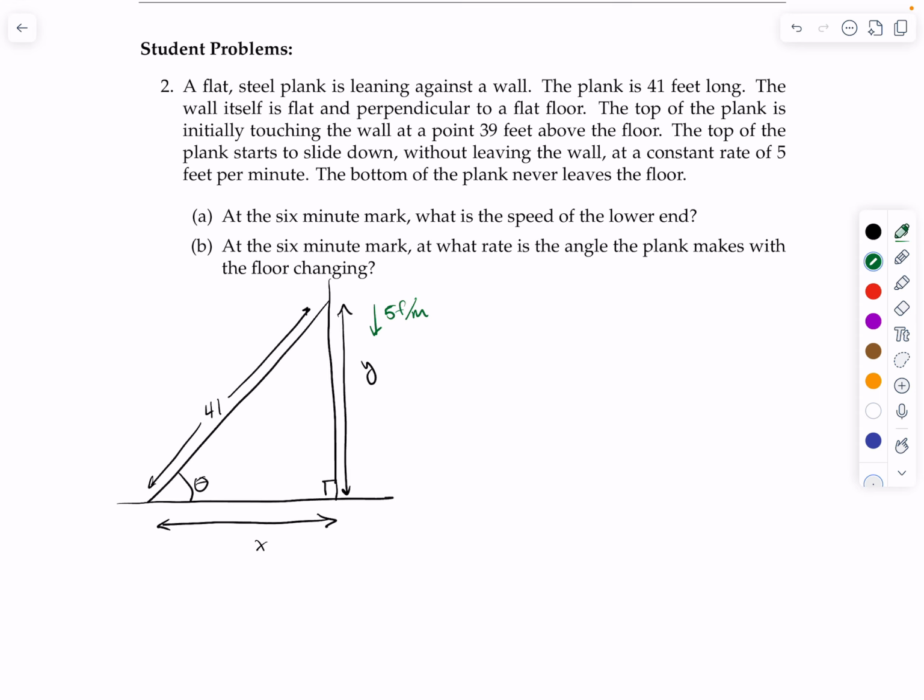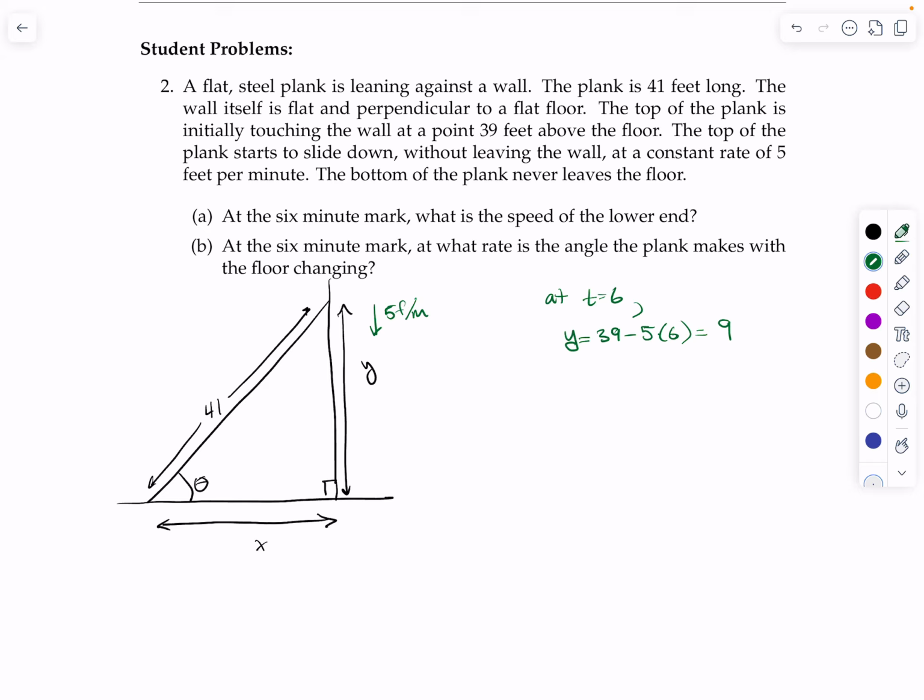At the 6-minute mark, okay, so here's the thing. At t equals 6, the plank starts out at 39, but we're moving down at 5 feet per minute times the 6 minutes. And so the plank will be 9 feet above the ground.